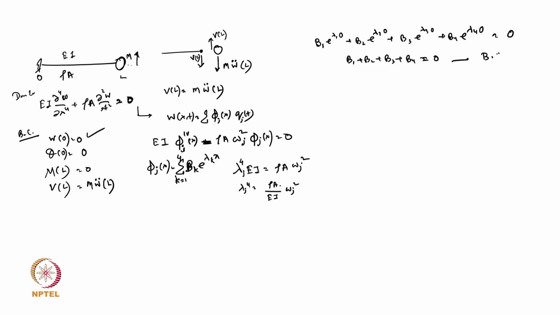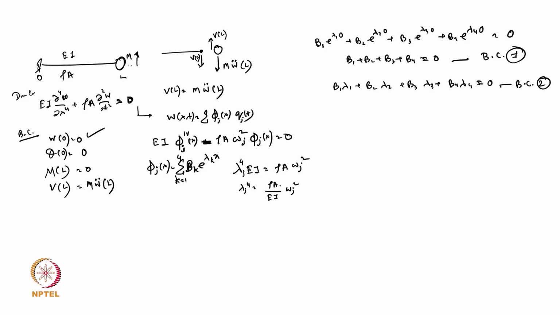That is from my BC1. Then the second boundary condition: b1 lambda 1, b2 lambda 2, b3 lambda 3 plus b4 lambda 4 will be equal to 0. That will be my BC2. Agreed, all of you?